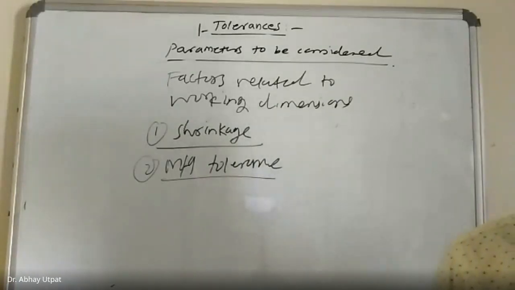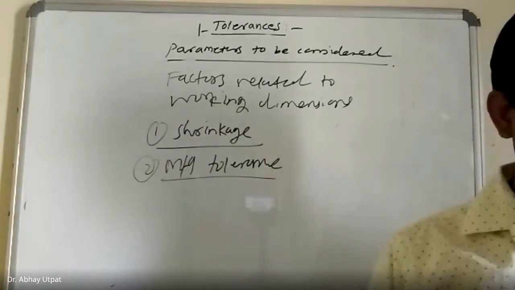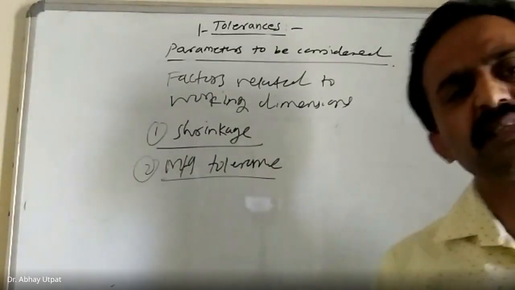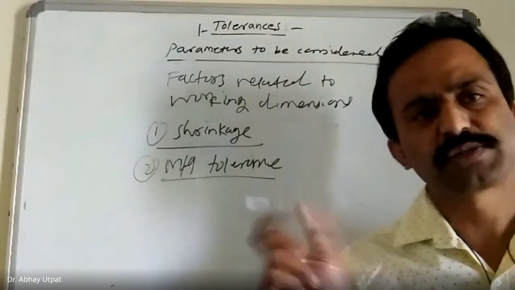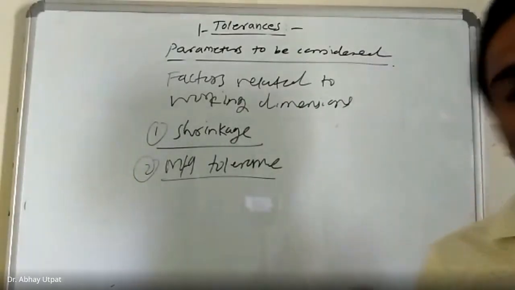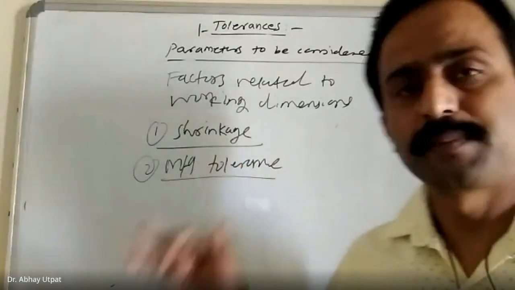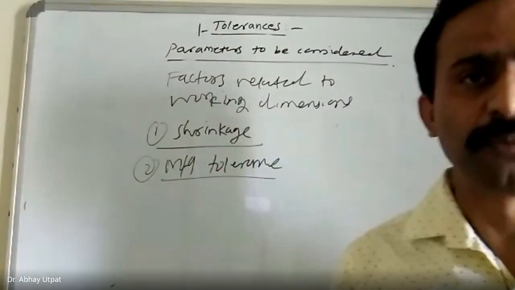Usually 1/3 to 1/6 of the tolerance is considered. Okay, and there is the concept of Ra value also, roughness value. So accordingly, you will provide some extra dimension to the cavity.